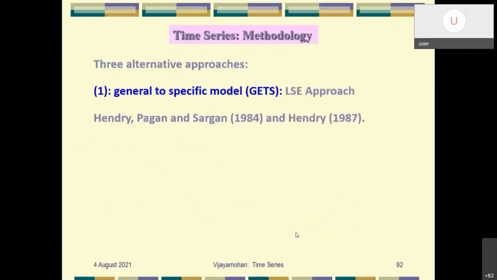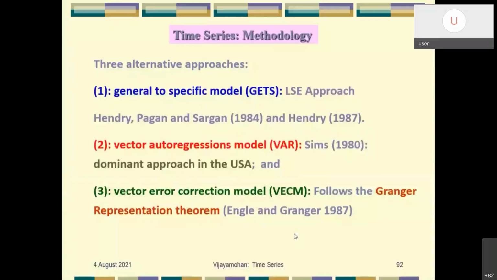So we have these methodologies in general, that is the general to specific model, the LSE approach or the Hendry-Davidson approach. Then we have the vector autoregression model VAR suggested by Sims, and this was the dominant approach in the USA one time.